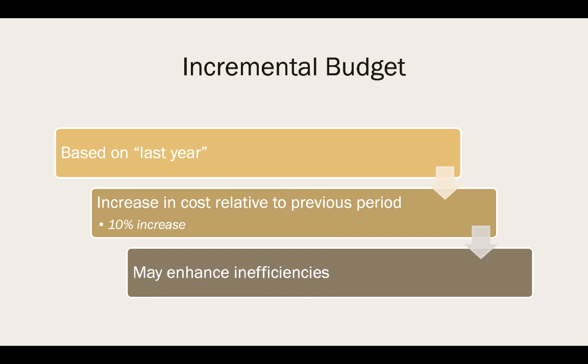So when I submit my budget proposal, I look at last year and say, what did we spend? And then I predict this year, and maybe there's some proportional increase that I'm predicting. So I can either say there's a 10% increase in my total budget, or maybe I predict a 10% increase in salaries, but a 2% increase in office supplies.